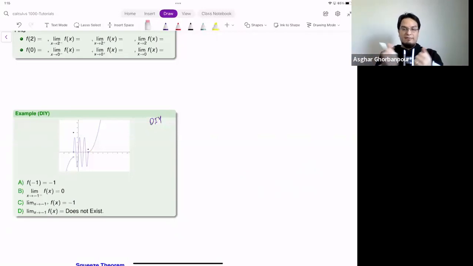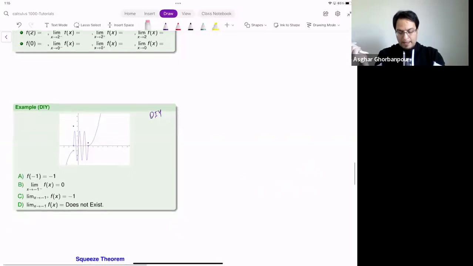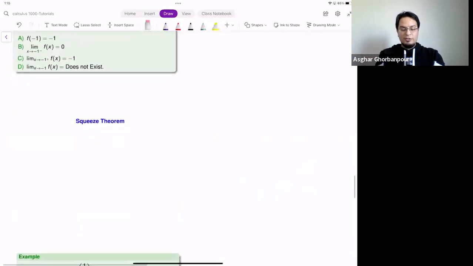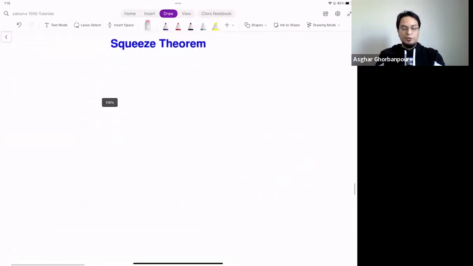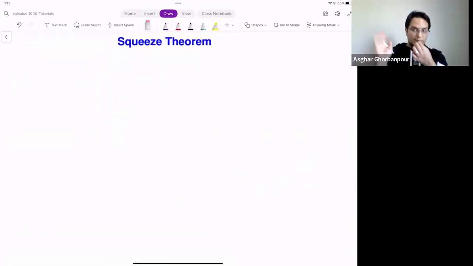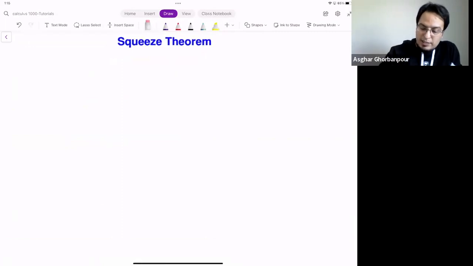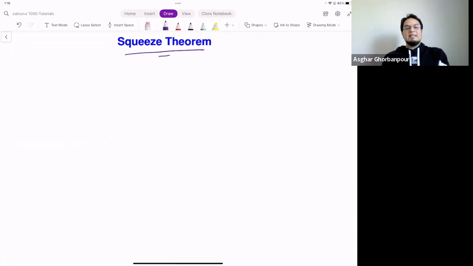You can use them to evaluate the limit, and if they're not equal, the whole limit does not exist. There is a third tool, a third important theorem. It's called the squeeze theorem. And that will give us another important tool to evaluate some limits.